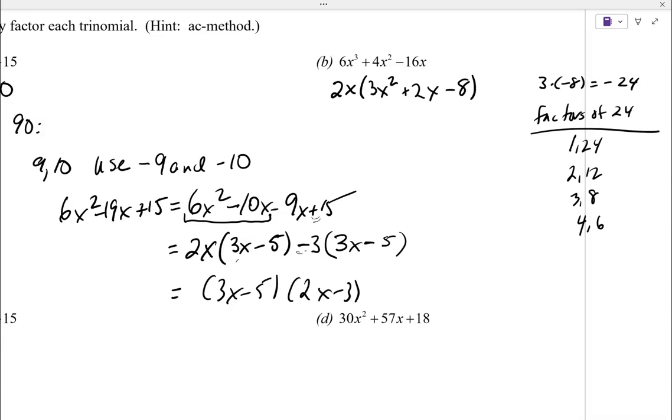All right. It's a negative 24 when we multiplied, right? That sign on the 8 is negative. When the sign on the constant term is negative, what does that tell you? One is negative and one is positive, right? So looking at your factors, making one negative and one positive, what number do we need to come up with?